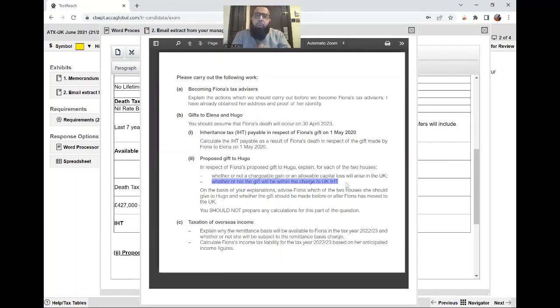So we have to comment on whether the capital gain or loss will be assessed in the UK, and secondly whether it will be chargeable to inheritance tax or not.